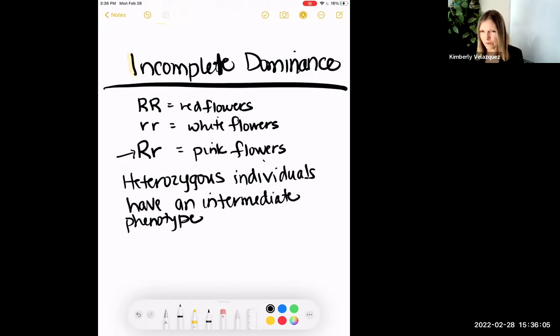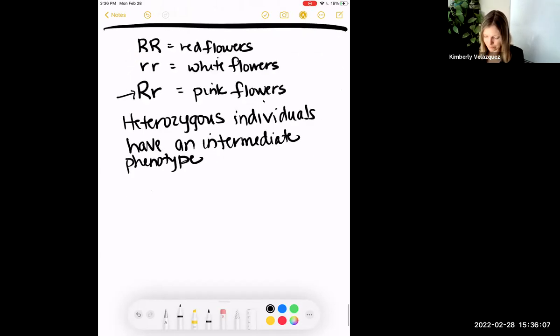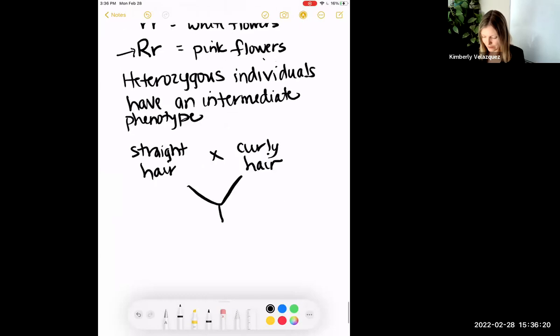A couple of examples of this in humans. Straight hair times curly hair gives you wavy hair. The heterozygous individual has an intermediate phenotype.